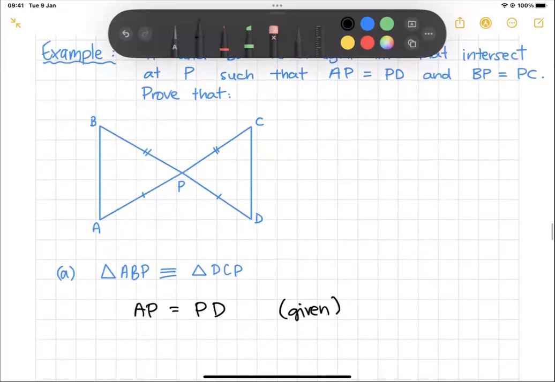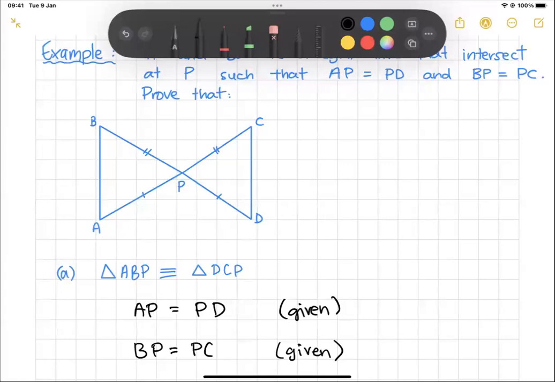Simple as that. Next one: another thing that was given in the question was BP equal to PC. Again, my reasoning is given. Now, the 2 pairs of sides have been given to us.